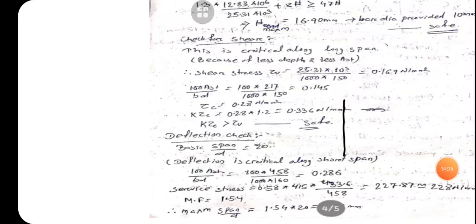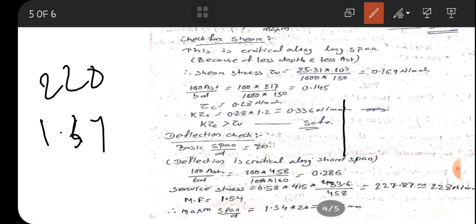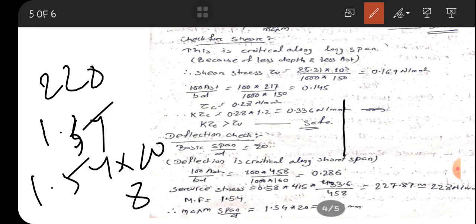for this slab. So what is coming, the maximum surface stress coming, that is 228 Newton per mm square, and modification factor 1.54, and maximum span by d ratio coming around 1.54 into 20, that is 30.8, around 30.8.